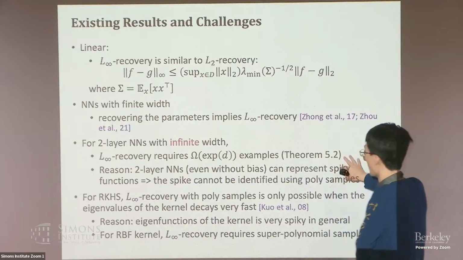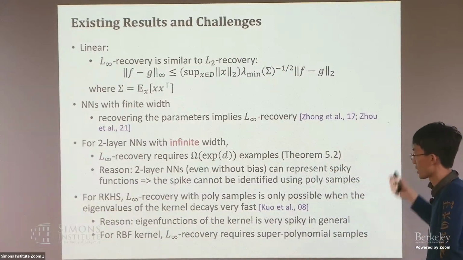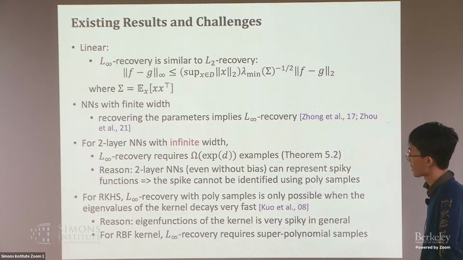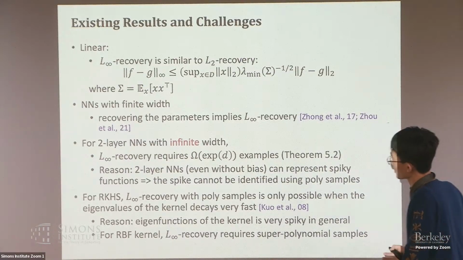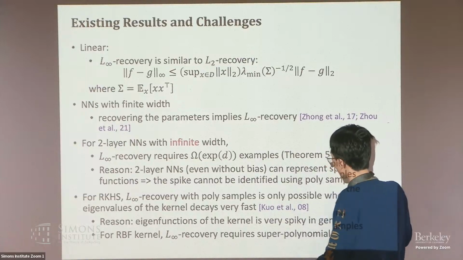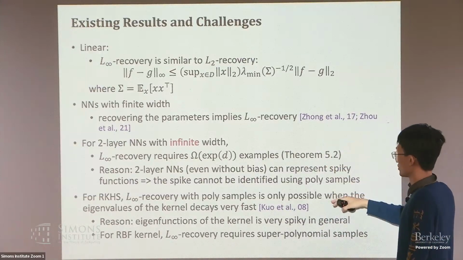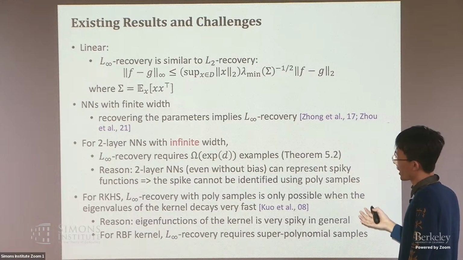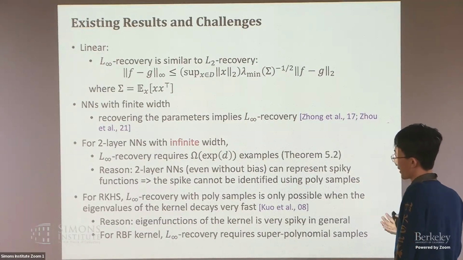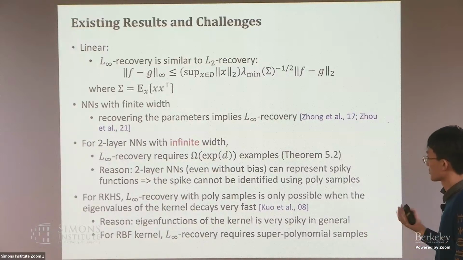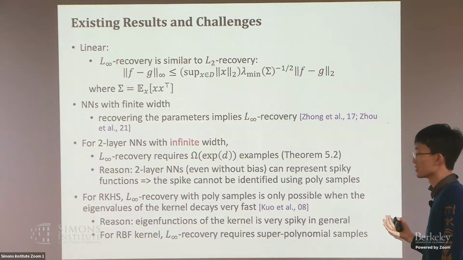I think we have proved something like, L infinity recovery requires exponential in D samples, which is probably not very surprising. The reason is really just that, similarly to before, even without a bias, as long as you have infinite width, two-layer networks can represent spiky functions, and the spike cannot be identified using polynomial samples, right?